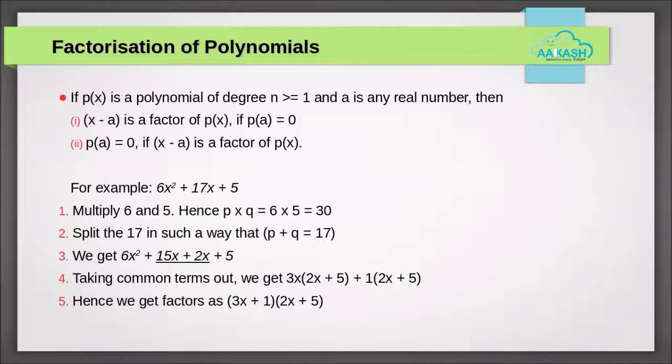The solution we have is 15 and 2. Now we split the middle term as 15x plus 2x. By taking out the common terms, we get 3x common in the first two terms and 1 in the next two terms. Now again we take out the common term 2x plus 5 and we get the two factors as 3x plus 1 and 2x plus 5.